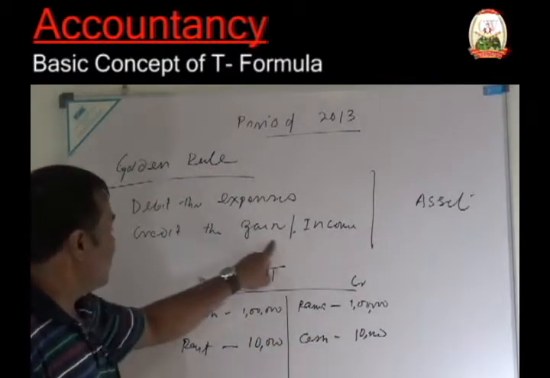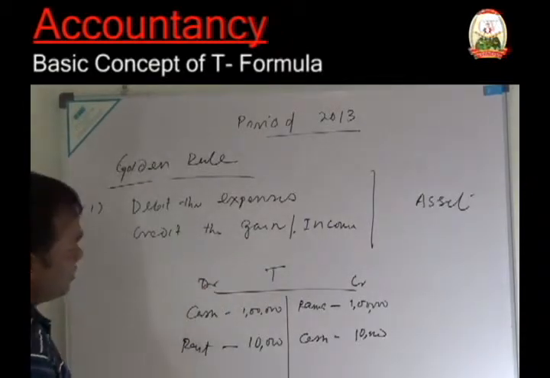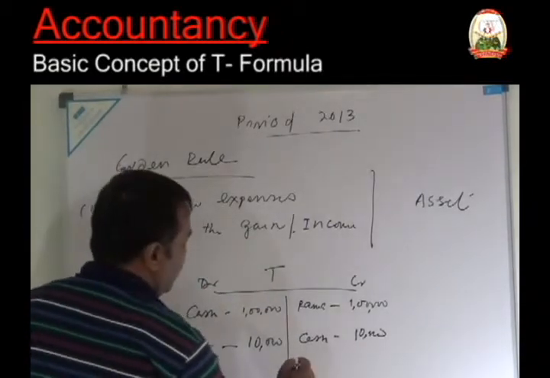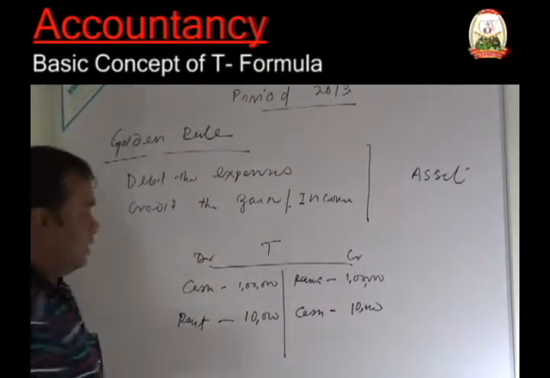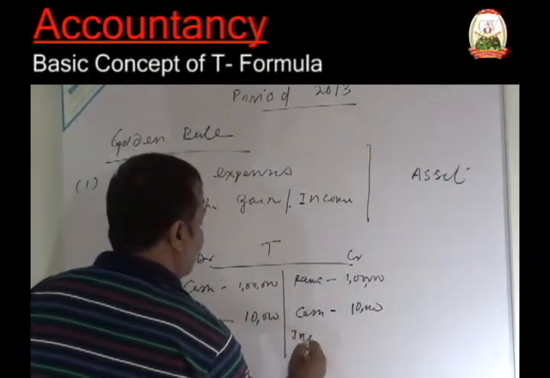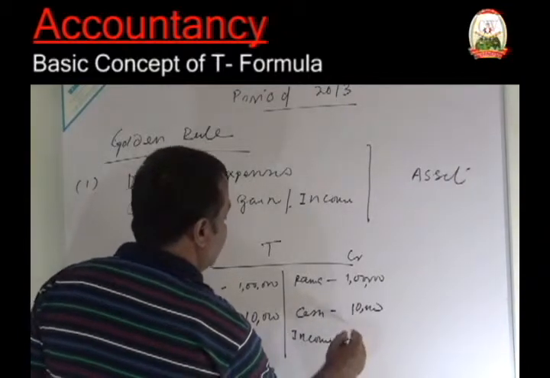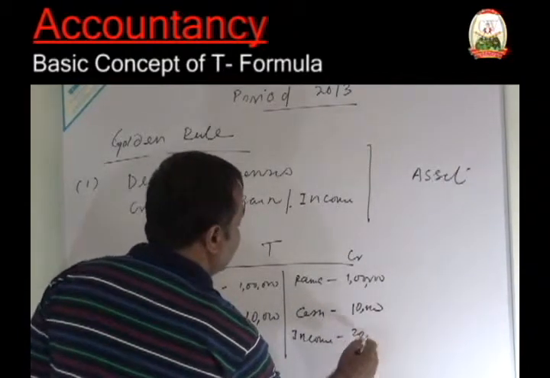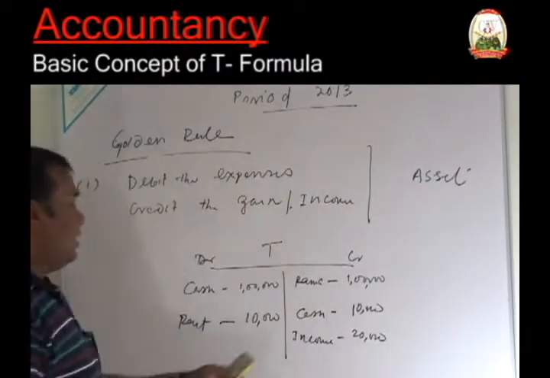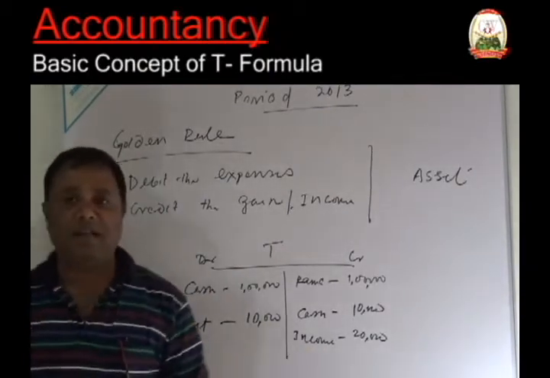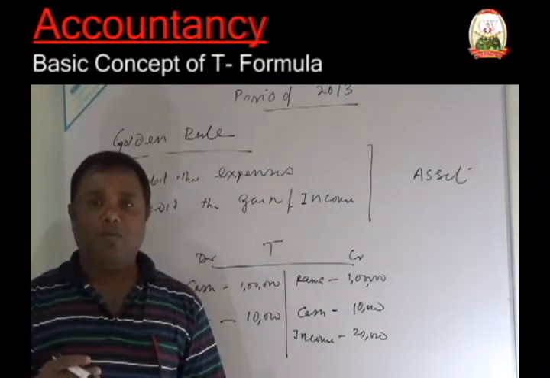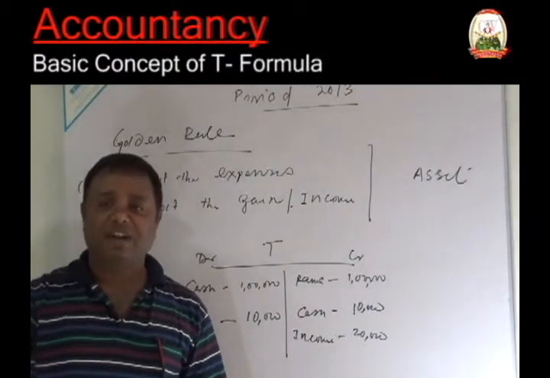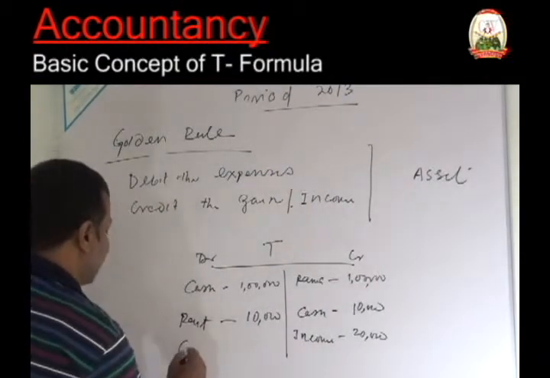Similarly, but credit the gain or income. Suppose your father earned some money. Here you put income. Income, suppose say 20,000. Ultimately, you got the cash as a family. You got the cash. Your father brought money 20,000 and gave it to the family. That means you got cash.